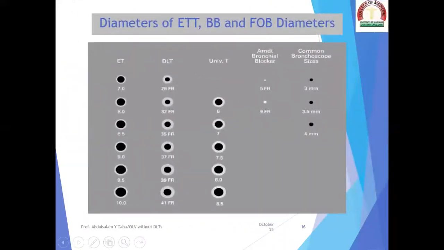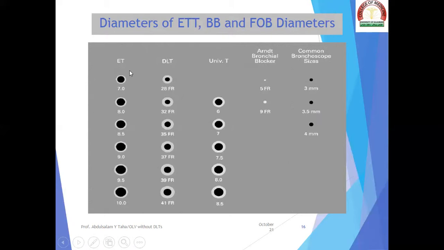Now, in this picture, we can see a comparison of the diameters of the conventional endotracheal tube, the double lumen tubes, the Univent tubes, the Arndt bronchial blocker, as well as the intubating bronchoscope. So the intubating bronchoscopes are pediatric bronchoscopes. Their sizes start from 3 millimeter, 3.5 millimeter, and end in 4 millimeter.